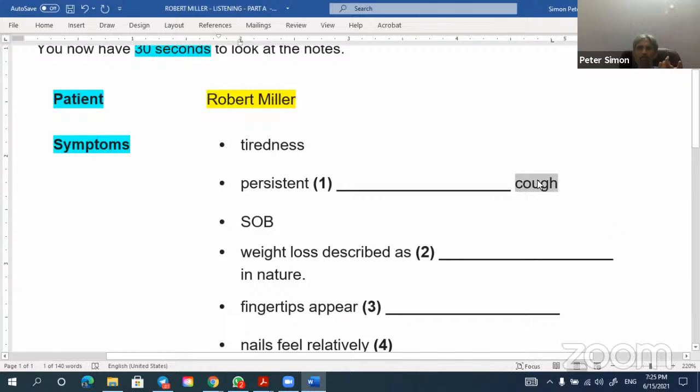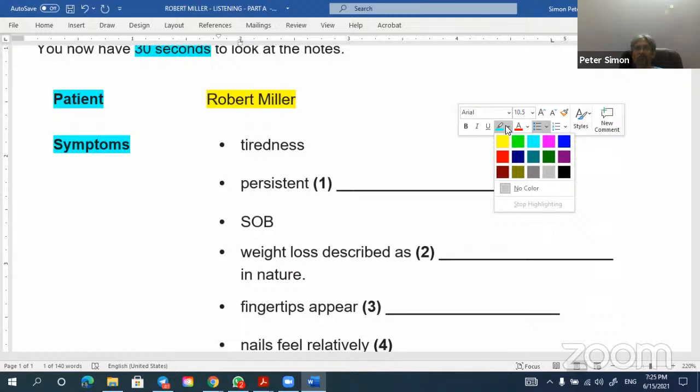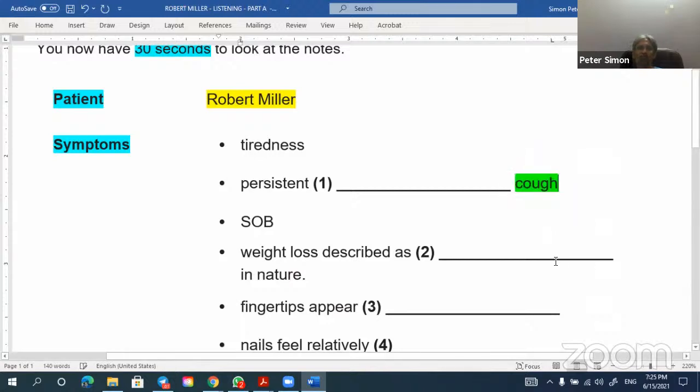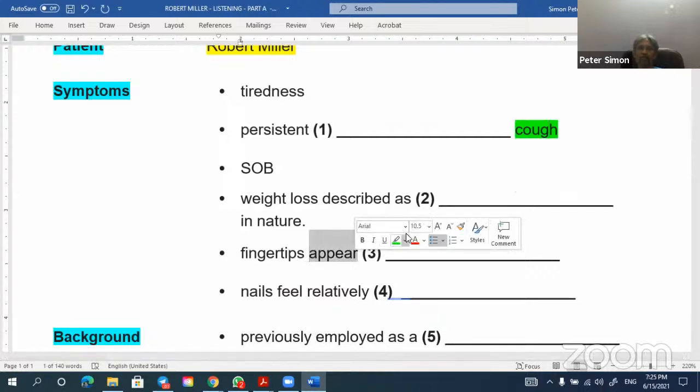What I'll do is, if it is a noun, I'll give it a different color. So for noun, we take it green. And if it is an adjective, we'll take some other color. Verb. Appear is a verb. Fingertips appear. So for verb, we will take yellow.